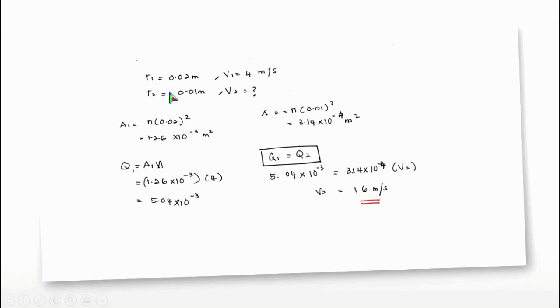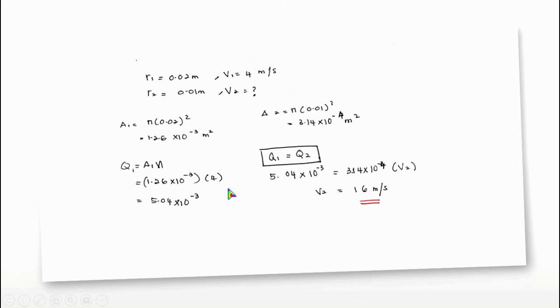So we substitute the R1 here, so we get the area, and then we find the Q1 first, substituting the area and velocity given, then we get the Q1. Okay, and then the same goes for area 2. We find the area by substituting the radius here, and we get the area 3.14 times 10 to the negative 4 meters squared. So we already know the Q1.